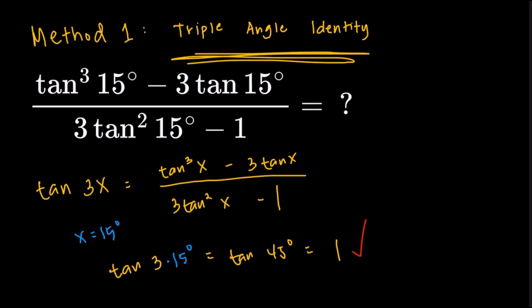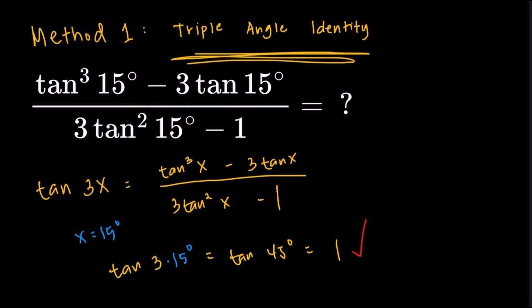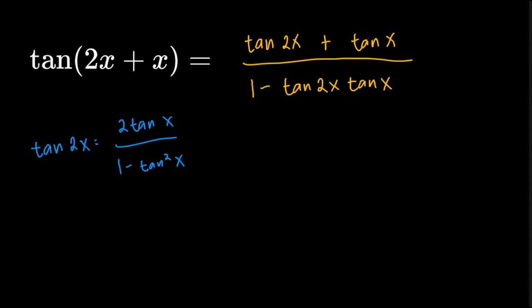Technically the triple angle identity might be obvious because 45 divided by 3 is 15, but maybe the half angle identity might be better. For those who want to verify that the identity is true, you could use the tangent sum formula, tangent of 2x plus x, and then use the tangent double angle identity to write an expression in terms of just tangent x.